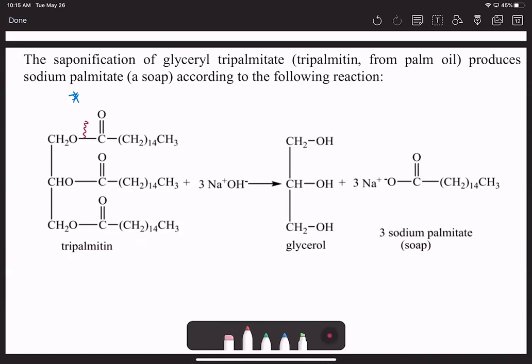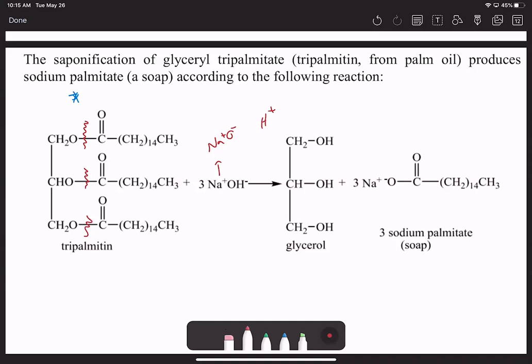We're going to break it off right here, break it off right here, break it off right here. And when we do that, we're going to split this up into Na plus O minus, and we're going to get some H plus.